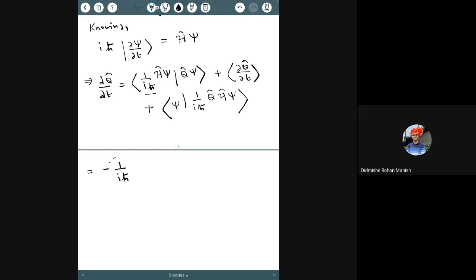This is minus, and then I have Hψ, Qψ. And I have 1 by iħ, ψ, QH, ψ. I can write it like this. This I can also write as ψ, HQ, ψ.